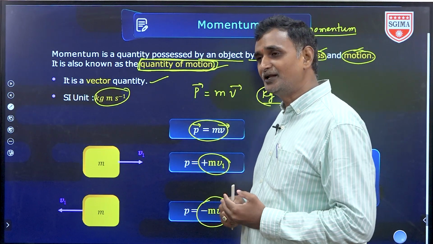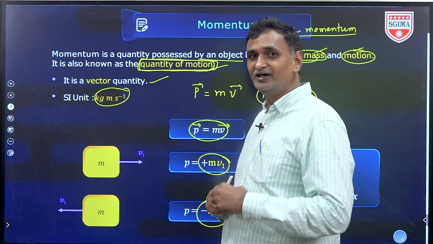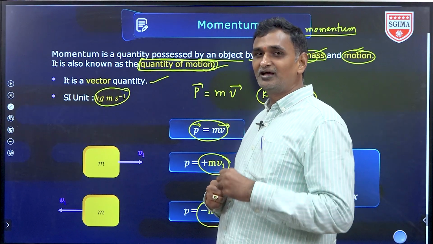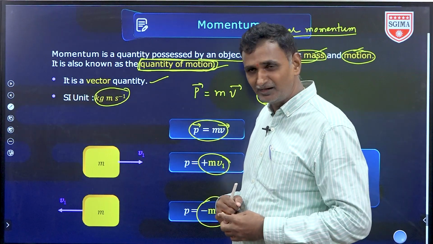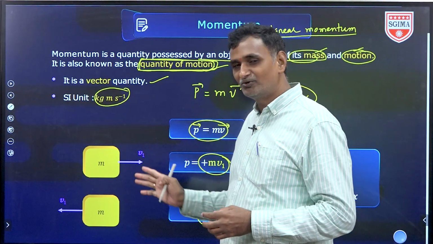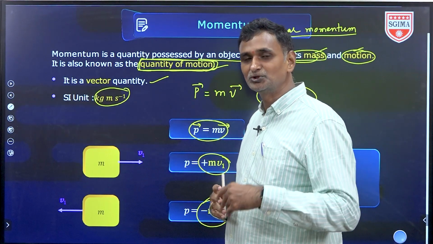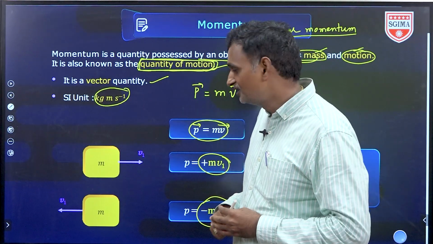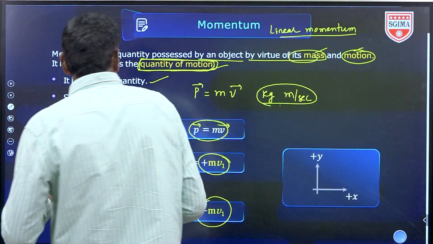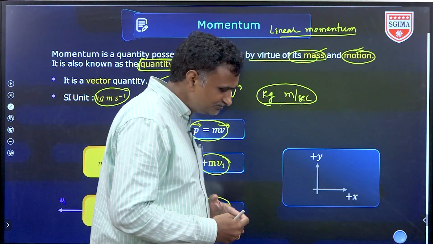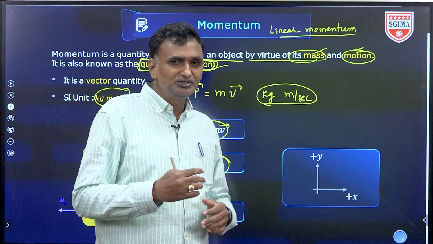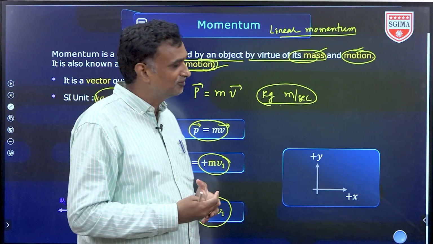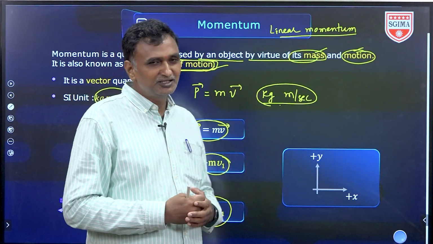That depends on you, but you need to be aware in which direction you have taken positive and in which negative, and be clear about the sign conventions to solve numericals. So this is just an introduction to momentum. Next, momentum change and problems based on momentum we will discuss in the next class.